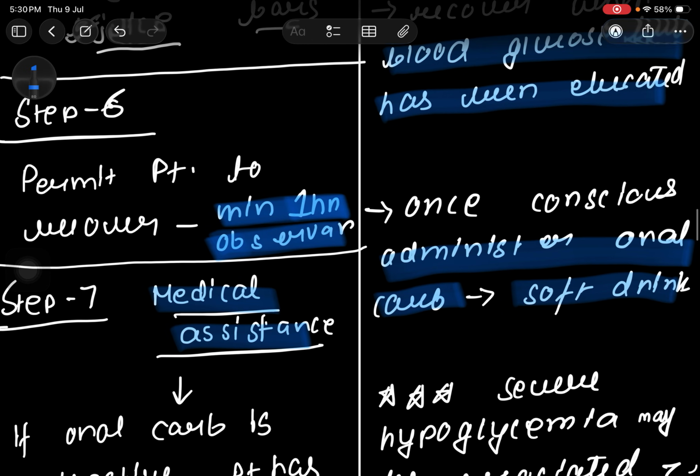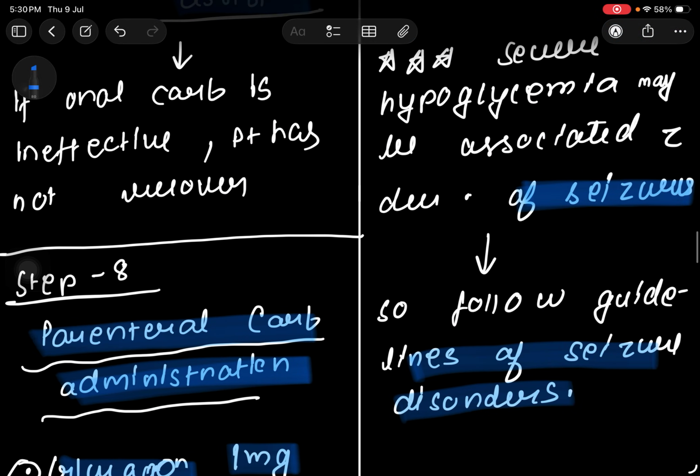After the patient recovers and gains consciousness, we have to administer oral carbohydrates in the form of drinks or candies or anything like that. Now, in cases of unconscious severe hypoglycemic patients, there are also associated seizure episodes, if the patient is a seizure patient. So in that case, we also have to follow the guidelines for seizure disorders.